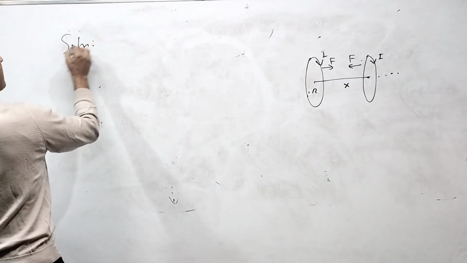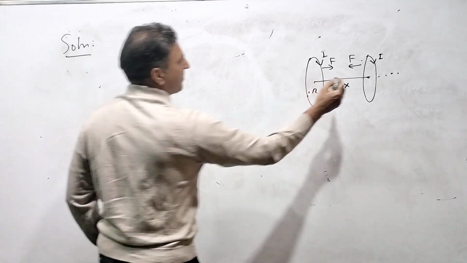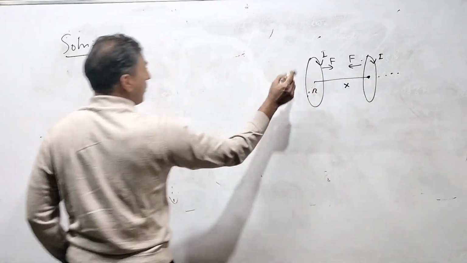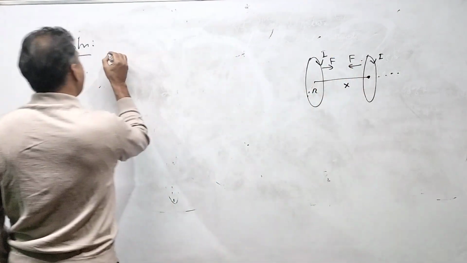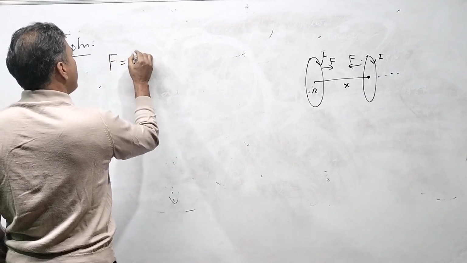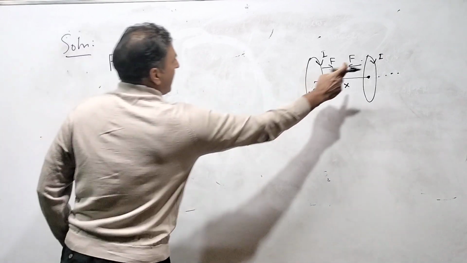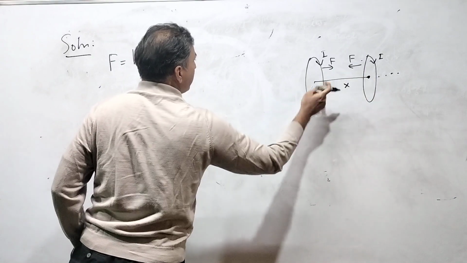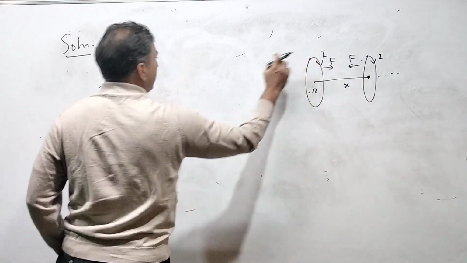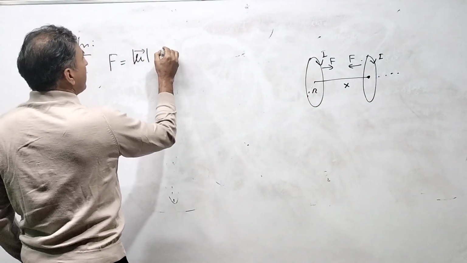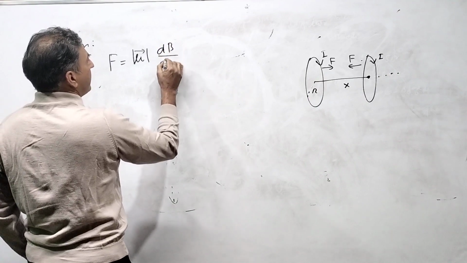Solution. पहली बात यह है कि how much is the force here? That force on this coil is μ, the magnetic moment of this coil which is placed here, in the vicinity of the magnetic field of this coil, dB by dx.